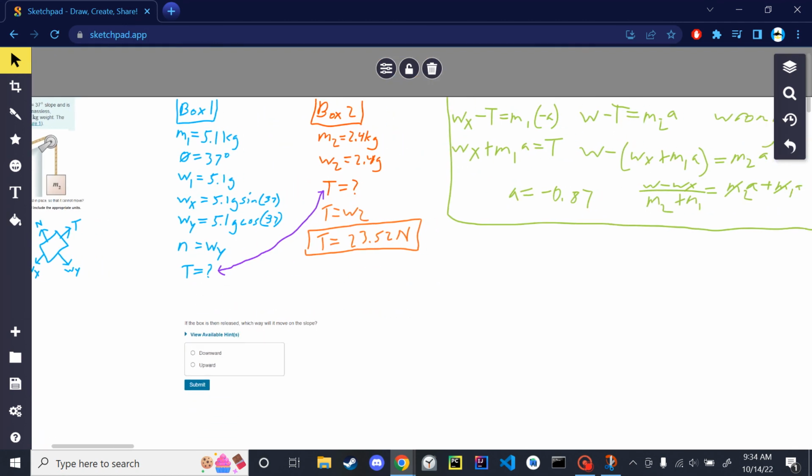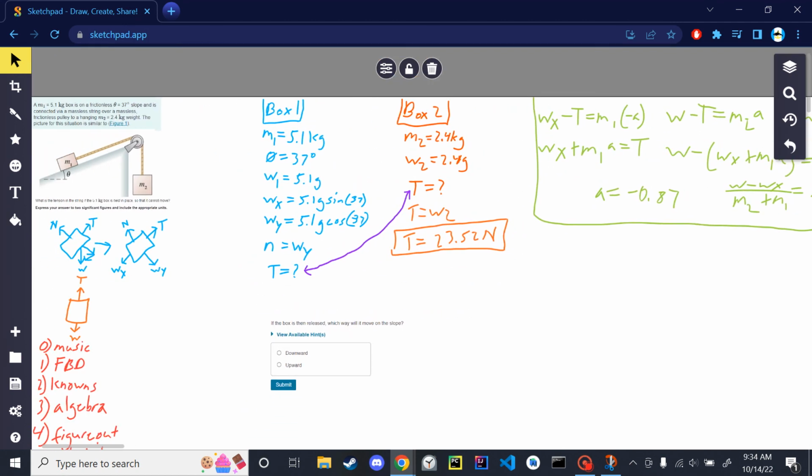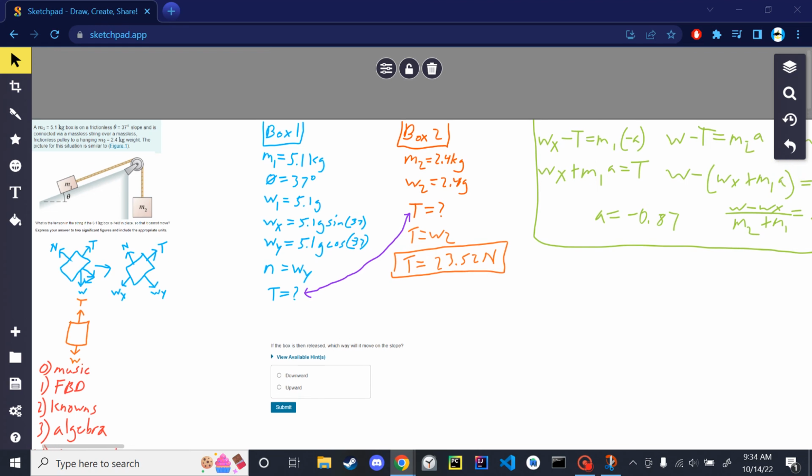So we know tension is 23.52 newtons, and we can just find the x and see if it's greater than. It's going to move downward. And that's correct, because you look at the free body diagram.